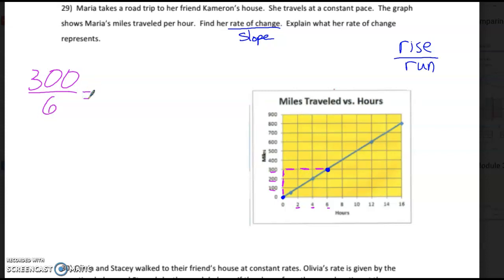Now I'm not going to leave it that way because that will simplify, and so that will be 50 over 1, or 50. When we look at our units or our measures here, that tells us that it is miles per hour, or mph.